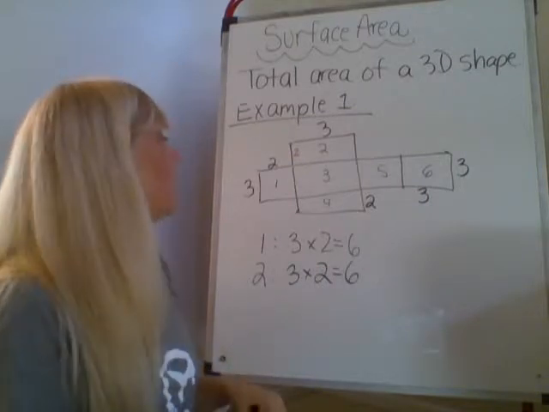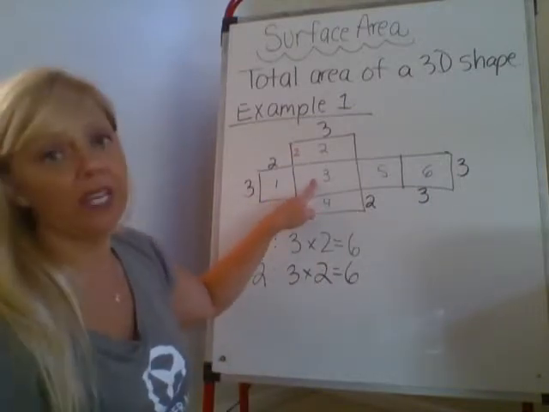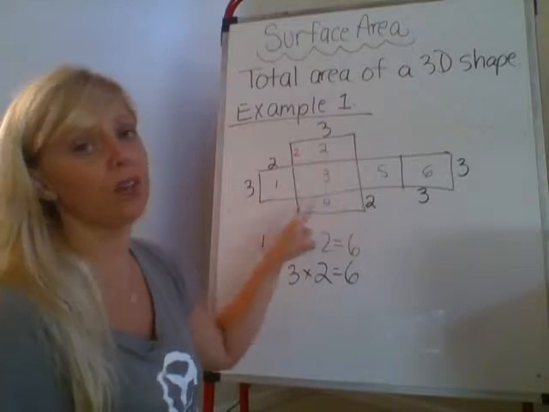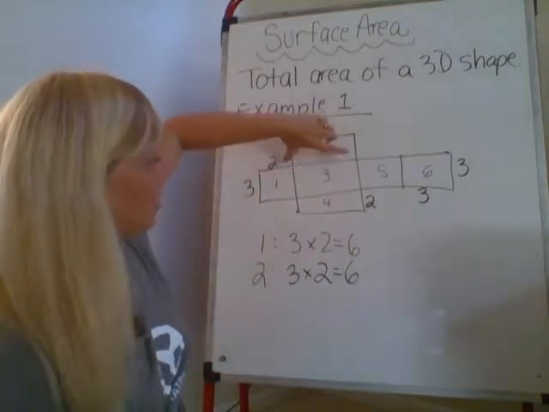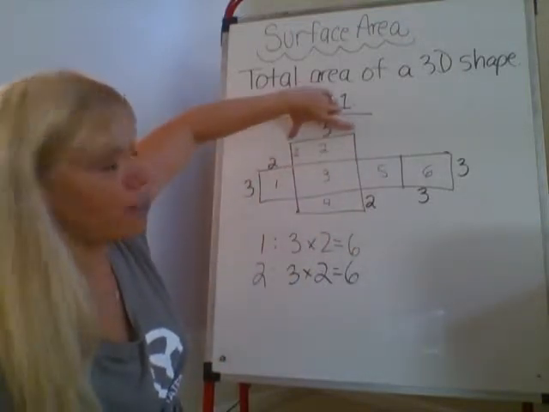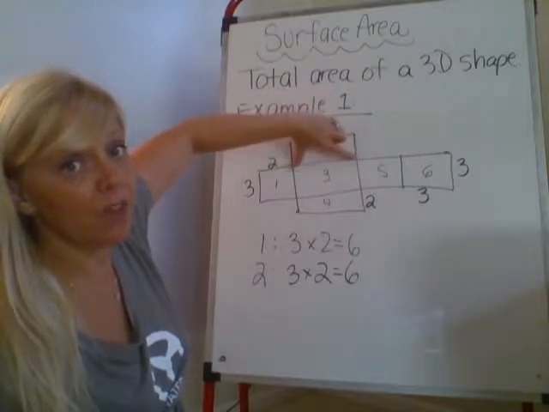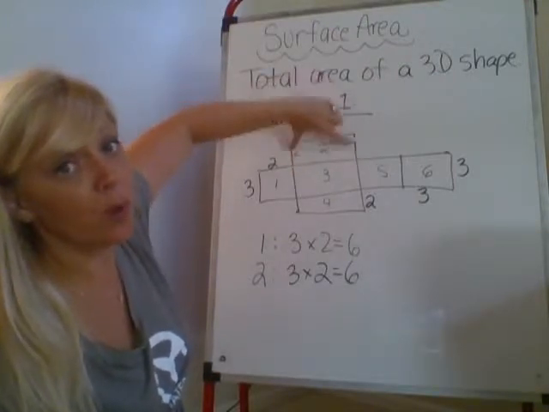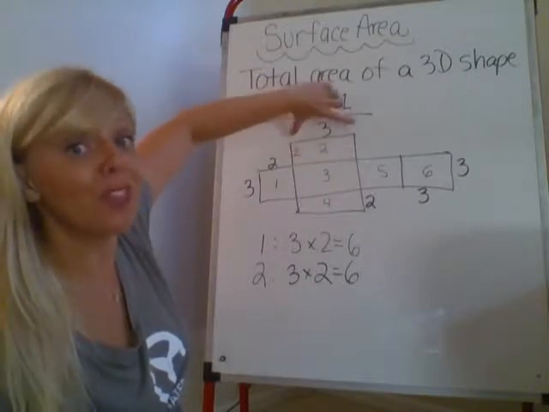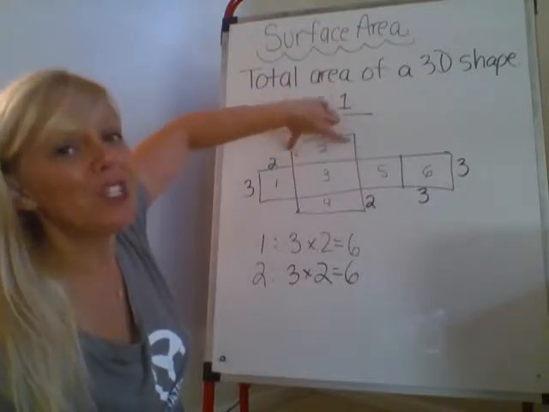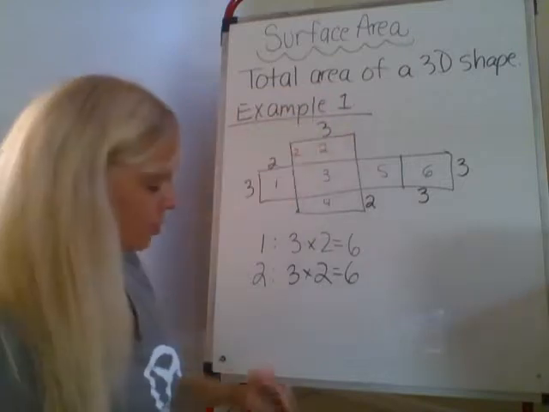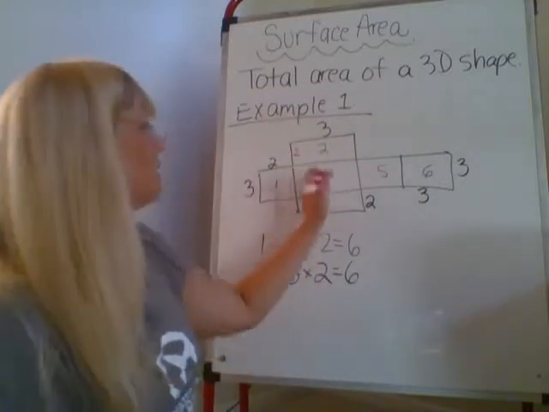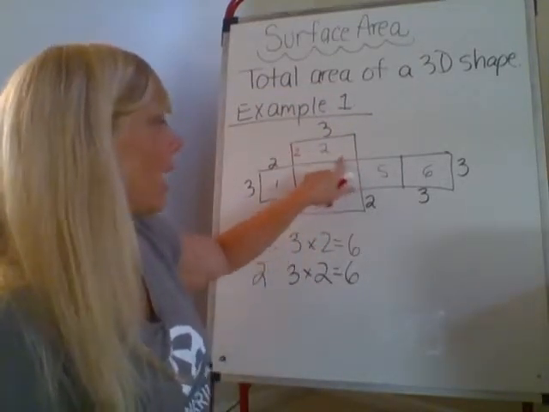Let's look at face 3. Face 3 doesn't have anything written on it. But this length is the same as this length. So if this is 3, then this is 3. They're both 3 in length, so I'm going to write that in red because that's the one I had to figure out.